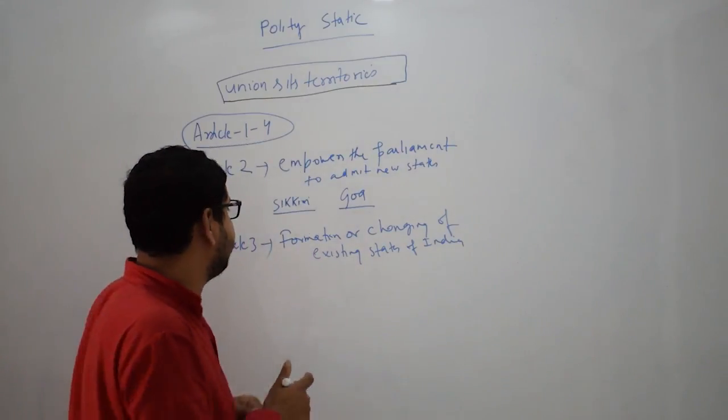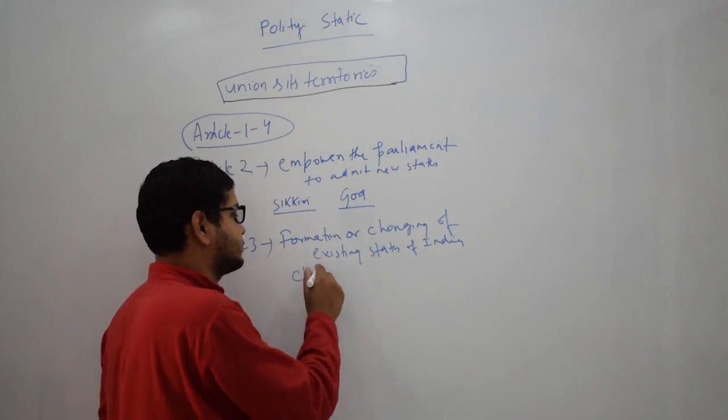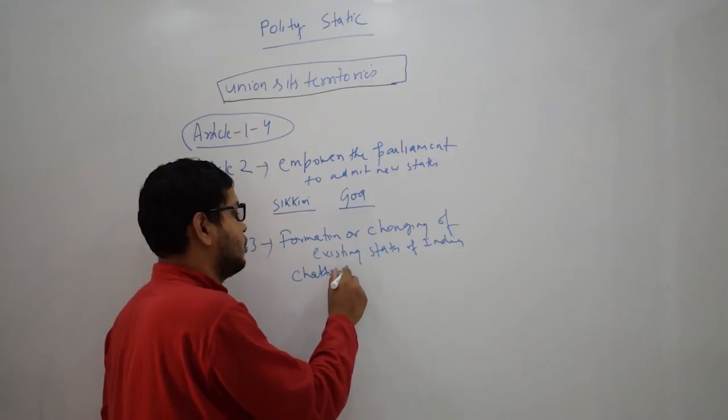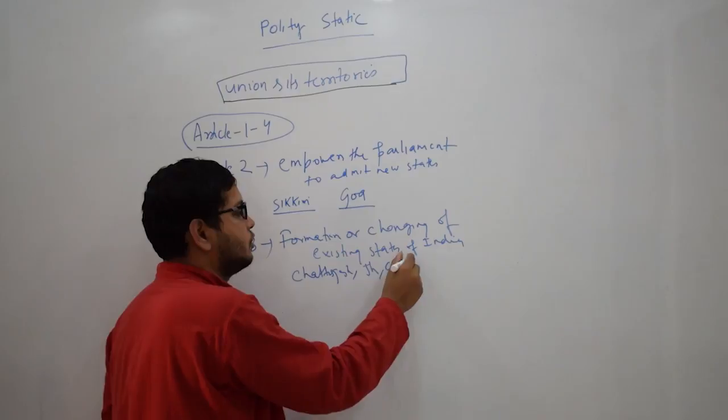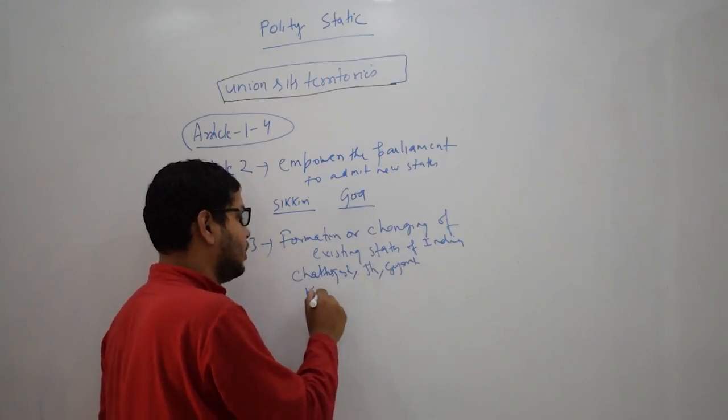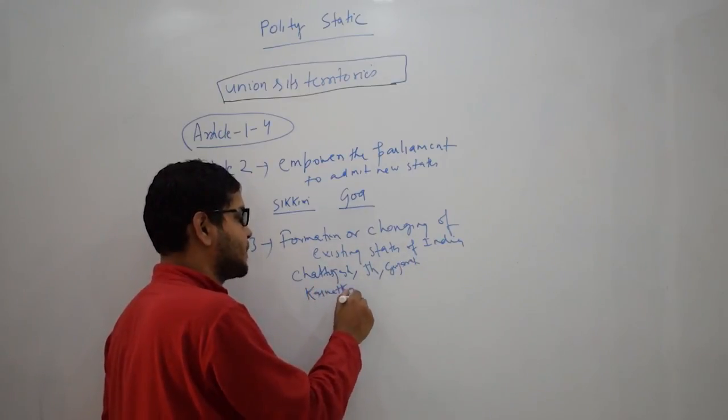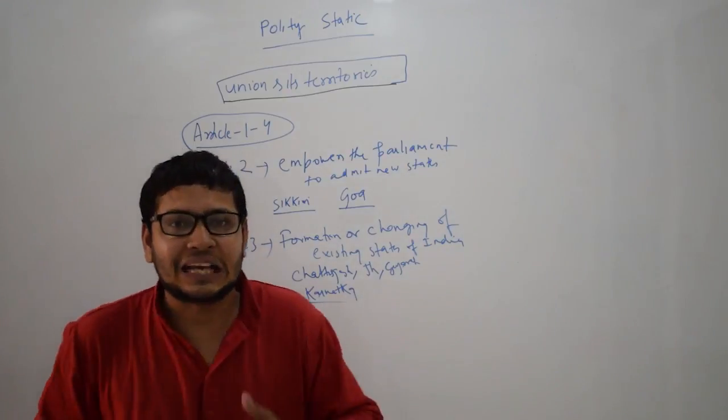In this case, we can take the example of Chhattisgarh. We can take the example of Jharkhand. We can take the example of Gujarat. We can take the example of Karnataka. All these states were already inside India.